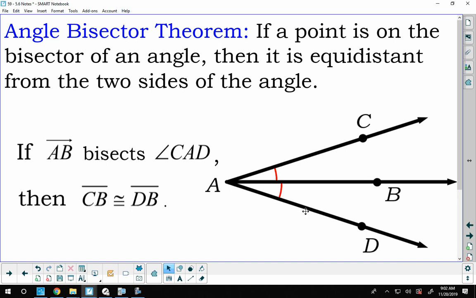So let's draw that in. And BD are congruent. And then these are going to make a 90-degree angle. So again, if the point is on the bisector, then it is equidistant from the two sides of the angle. So this is the same distance as this.